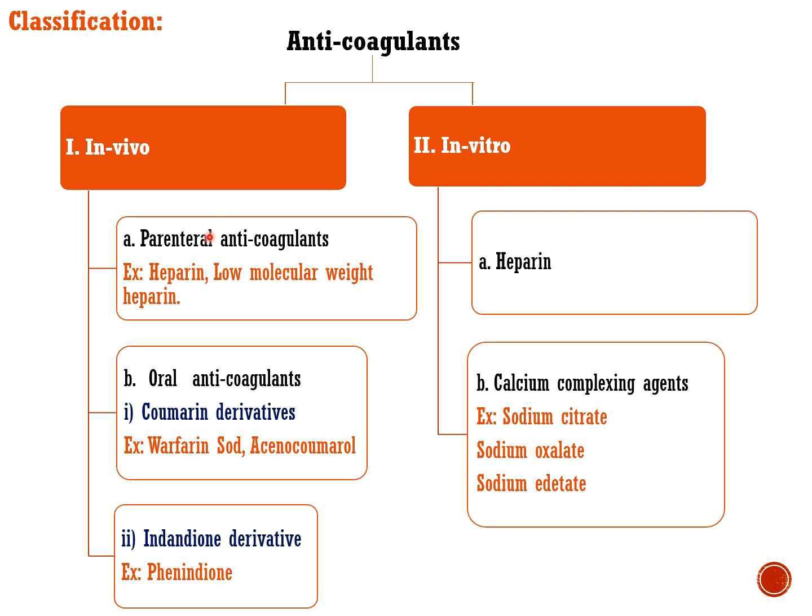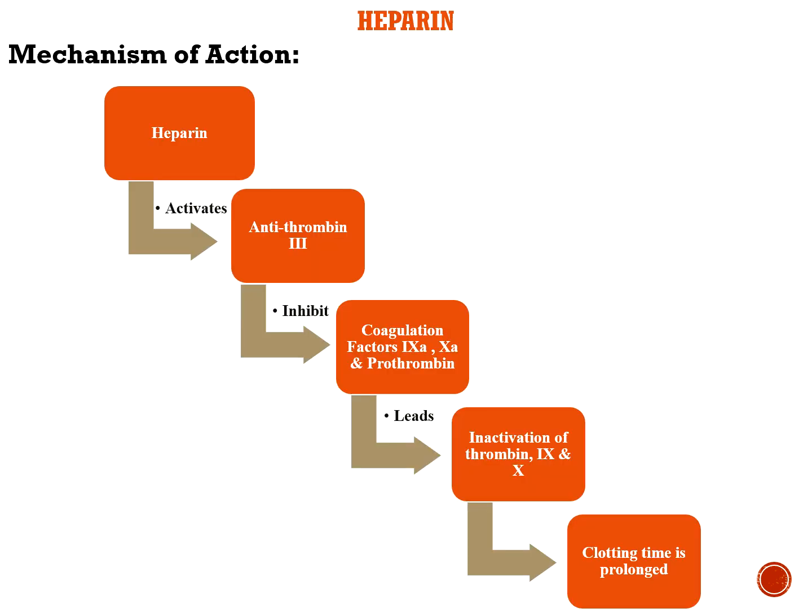Let me discuss heparin in this video. The remaining drugs we'll discuss in the next video. Heparin, you know well, is a very effective anticoagulant drug, used both in vitro and in vivo. Let me see how heparin reduces coagulation.